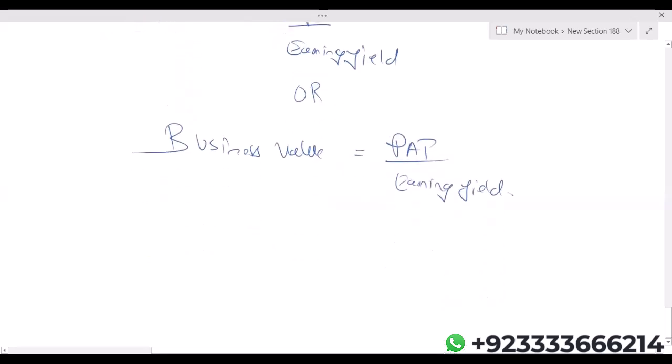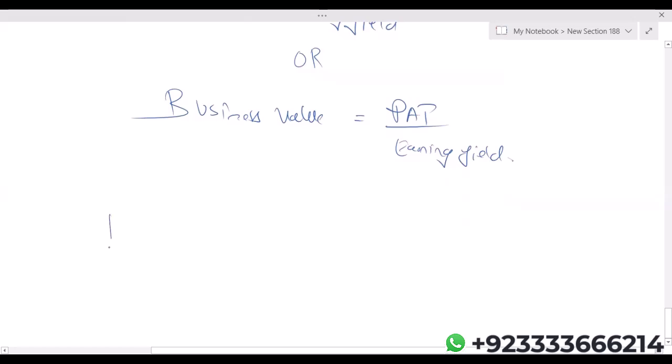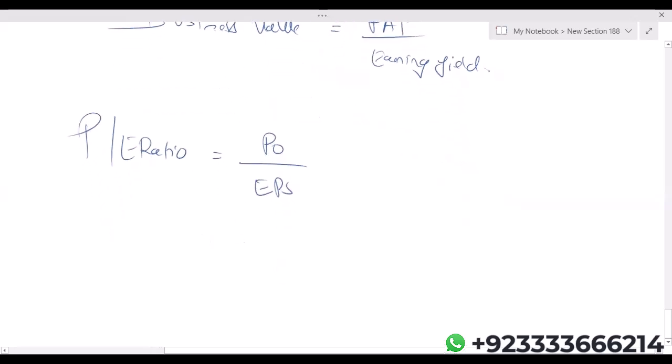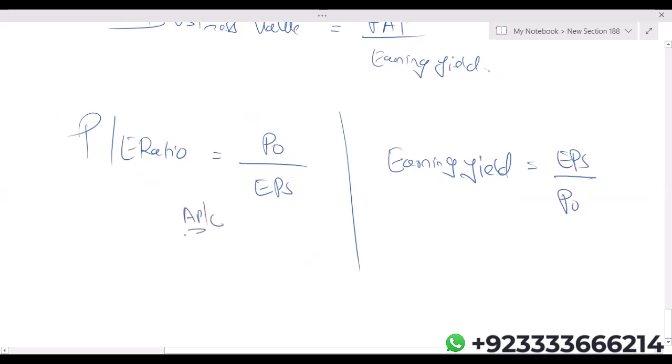Now you need to know one thing. Look at this P/E ratio formula. The answer comes in times: P naught upon EPS. And look at this earnings yield: EPS upon P naught. Let's say we have APLC and BPLC.